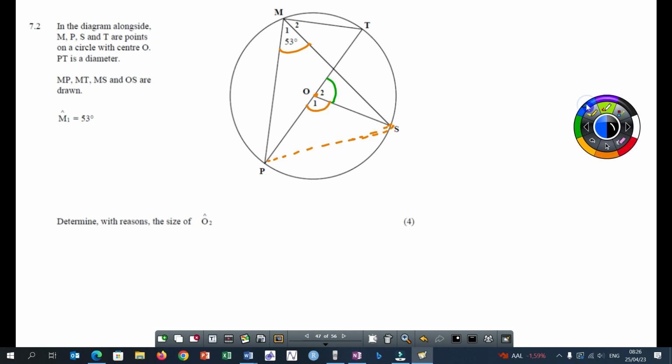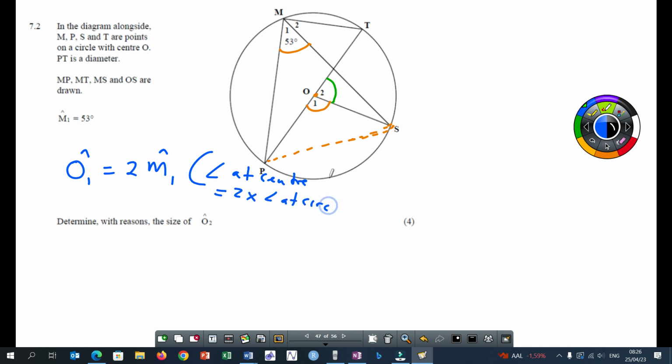I'm going to write it down here. First, we say angle O1 is equal to 2 times angle M1. And then you give your reason here: angle at center is equal to 2 times angle at circumference.